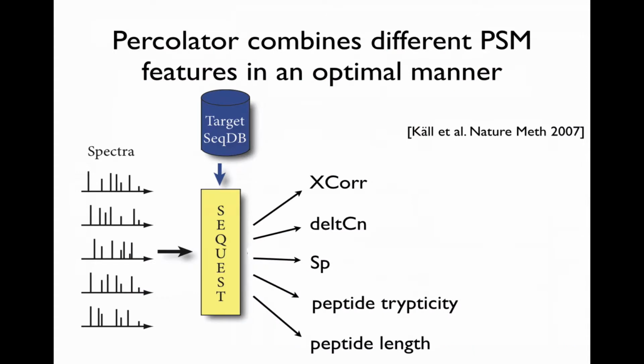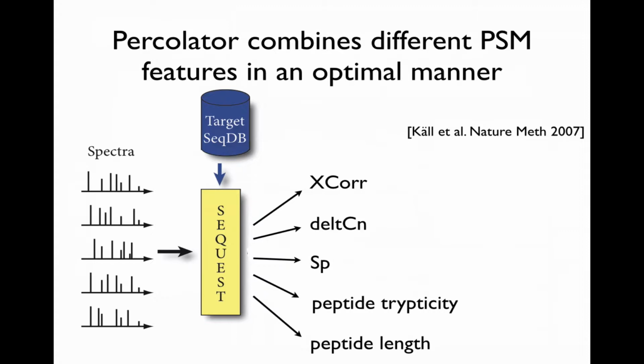So the onset of Percolator was, at the time when we started planning this experiment, that we had this problem with the search engine Sequest. It reported multiple different scores, and there were different schemes of how to weight those different scores to each other in order to determine whether an identification was correct or incorrect.